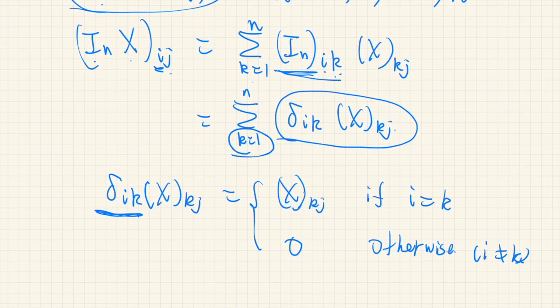This k varies from 1 to n, so there is only one k that is equal to i. It appears only once in this summation.